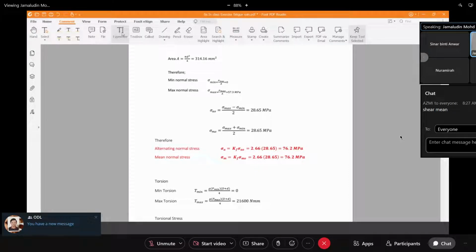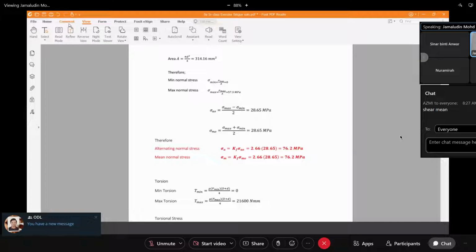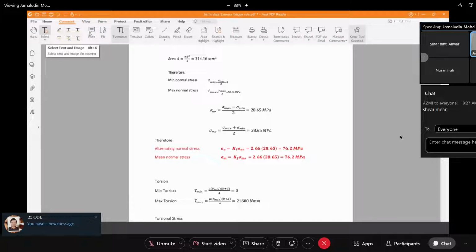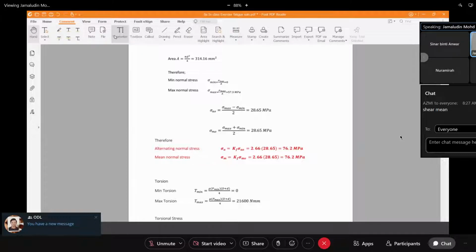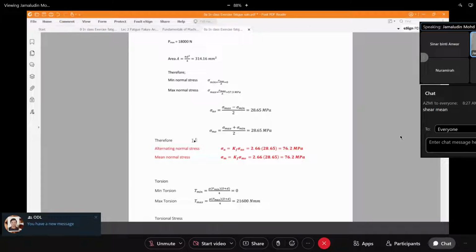For example, let's say this value, you should get the same answers. It won't be different. For example, if you use the value straightforward from the previous one, it equals KF times the loading, P alternating, divided by A. A will be based on the area with diameter 20.